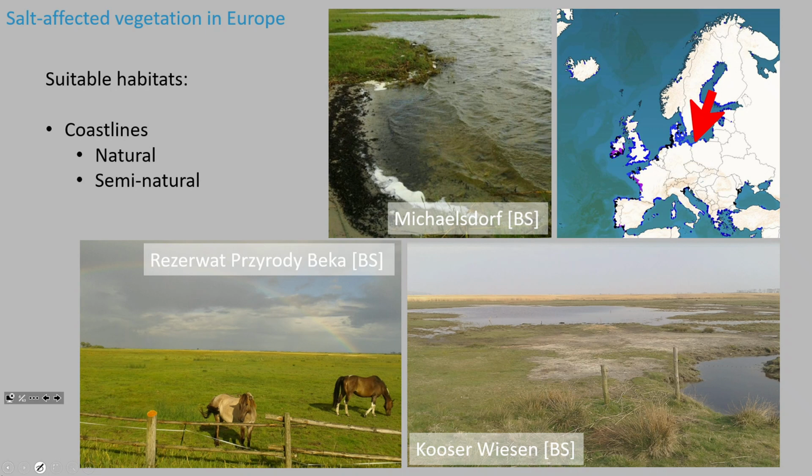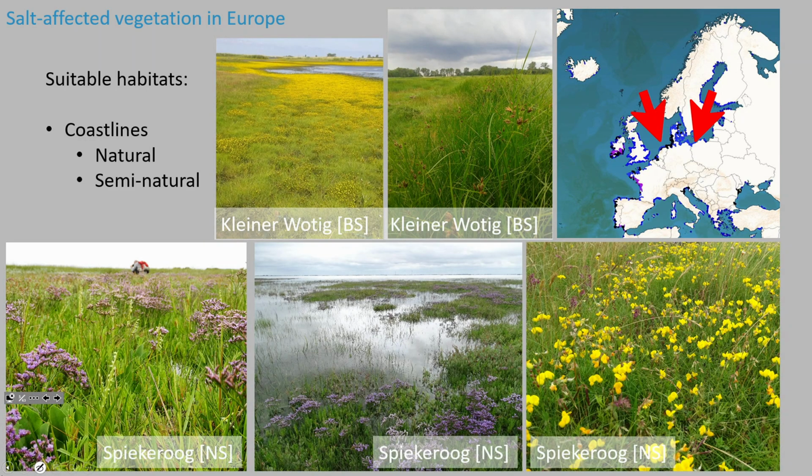We see open water surface, which is also valuable. And in the background, this golden stripe, you see stands of reeds, which in combination with those short swards are valuable if you think about birds and their diversity in these habitats.